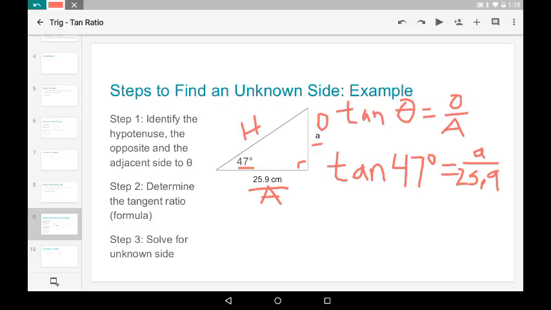Okay, rearrange this. We have something here is equal to a fraction on the right side. So we're going to multiply both sides by 25.9.